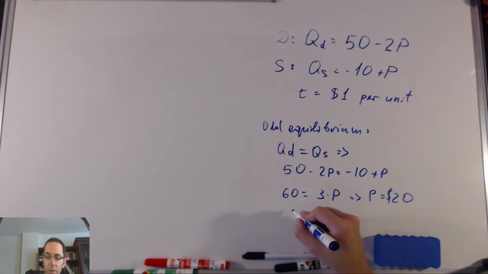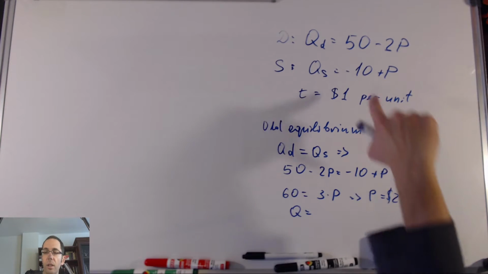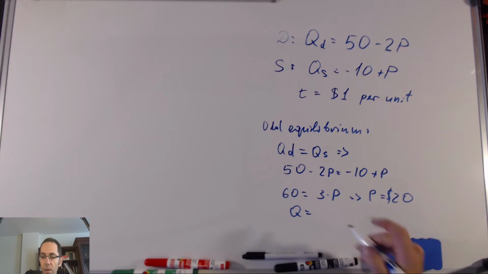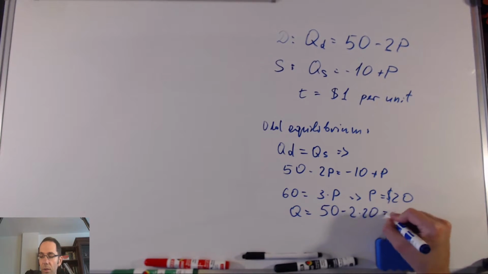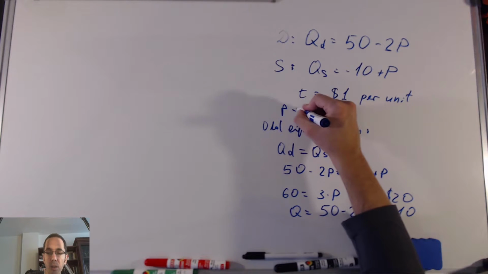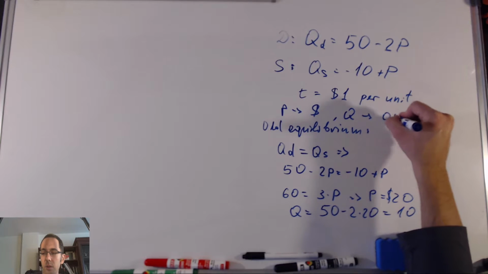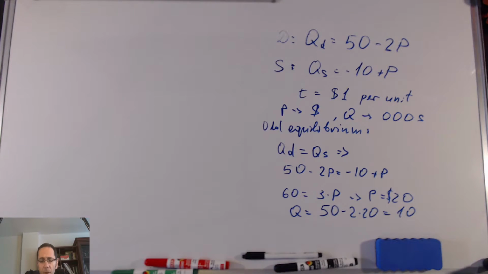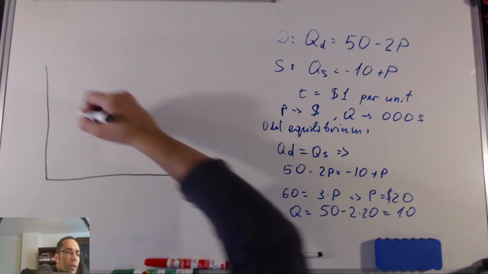Now we can calculate the quantity. So the quantity would be equal to, we can substitute this 20 in either of the two equations. So 50 minus 2 times 20 is equal to 10. Let's say the quantity may be in thousands. So P is in dollars and Q is in thousands. And on the left side here, I will be illustrating the outcome of our calculation.